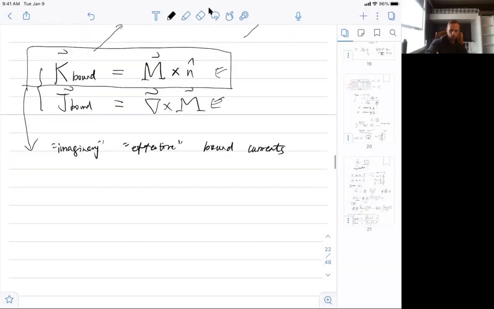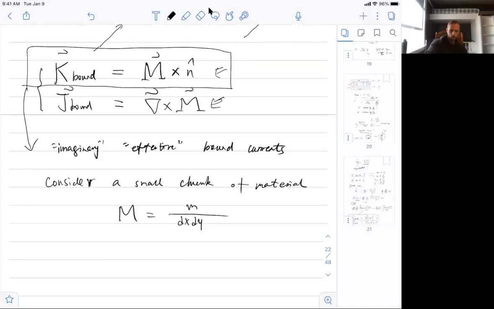So let's look at an object that's been magnetized. We consider a small chunk of material that has been magnetized, with magnetization M, in a volume dx dy dz. Magnetization is magnetic moment divided by volume.